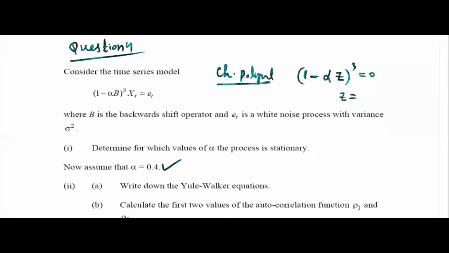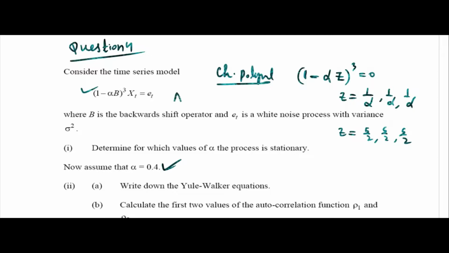So z will be 1 upon alpha, 3 times. All 3 roots are equal. So alpha is 0.4, that is 4 by 10, so this will be 10 by 4, 5 by 2, 5 by 2, 3 times. All are greater than 1 in magnitude. Just apply that. So this is a stationary process when alpha is 0.4.